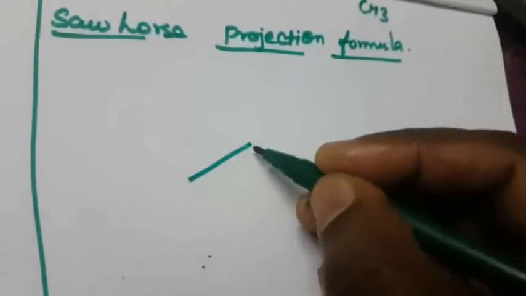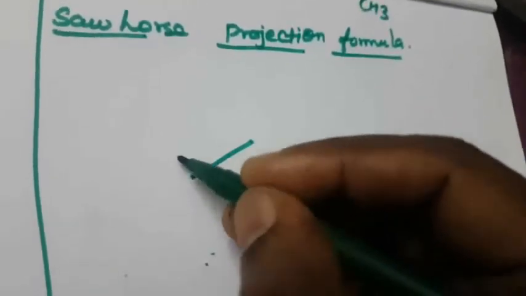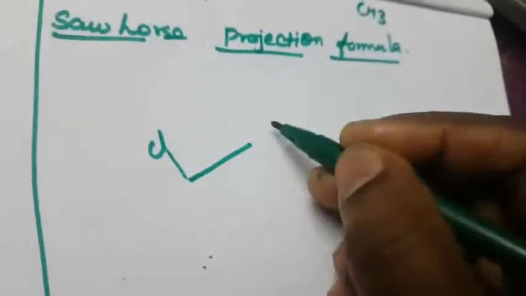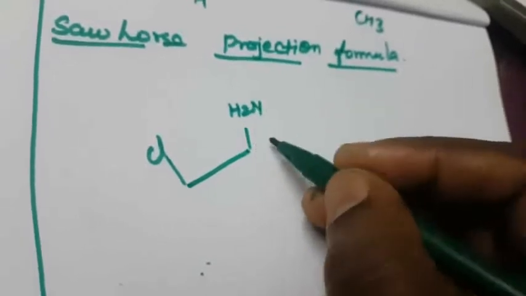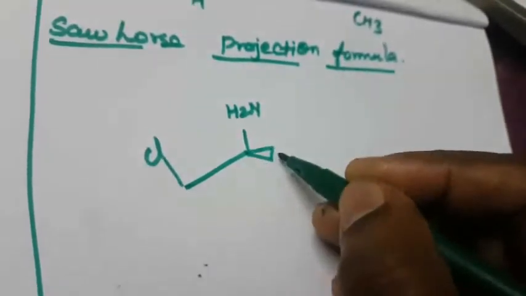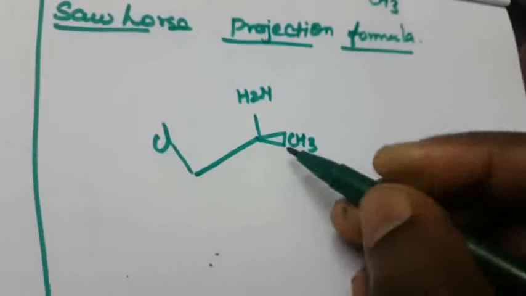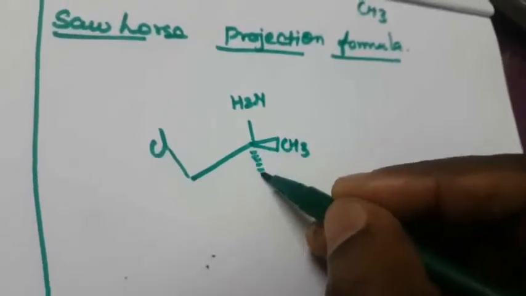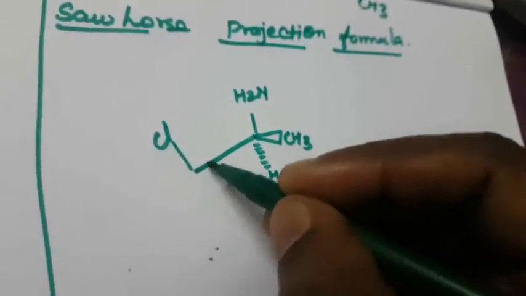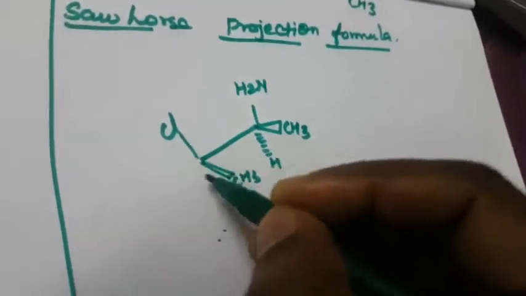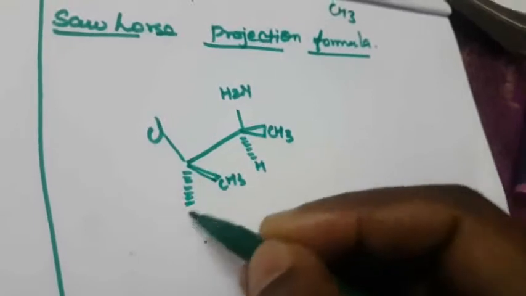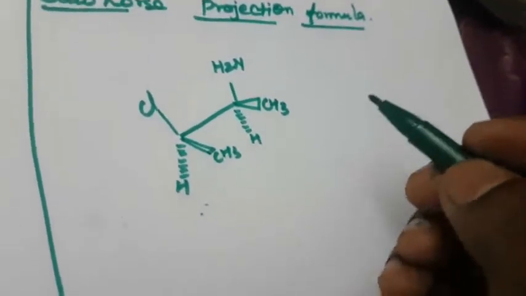So here Cl, H2N, CH3, that is the dotted line, again CH3, this is H. Okay, so this is one structure.